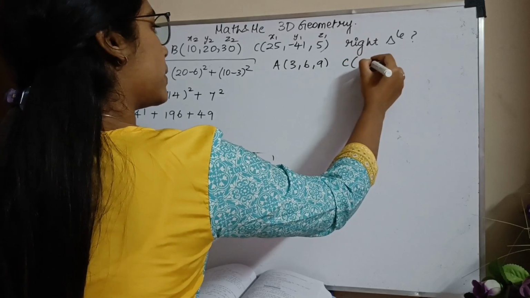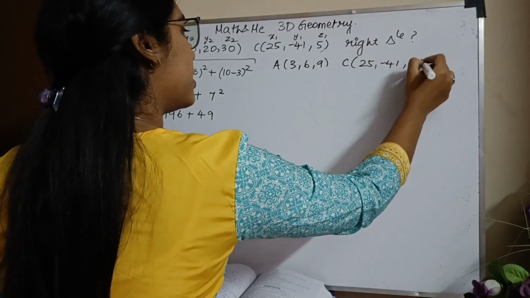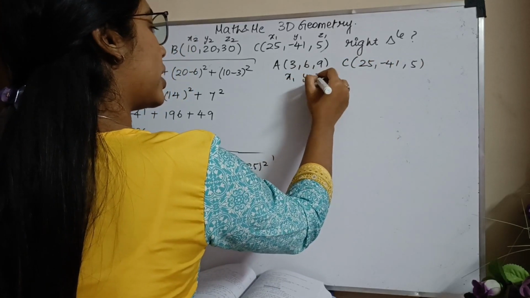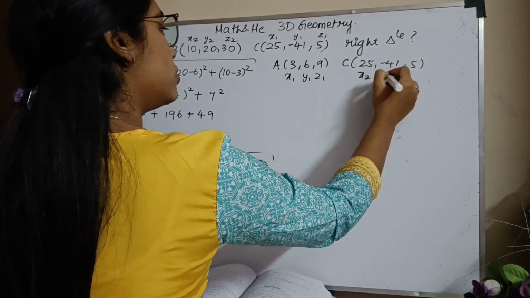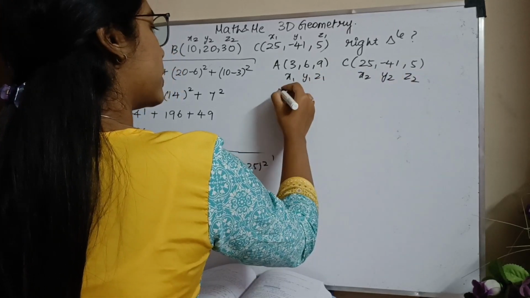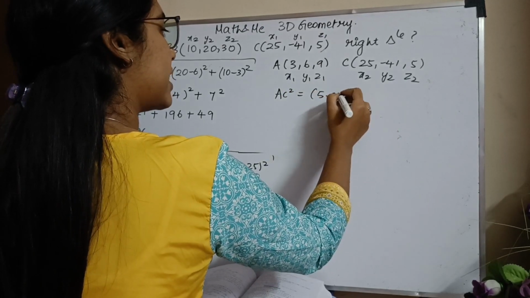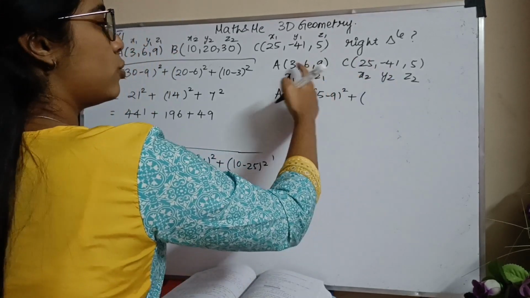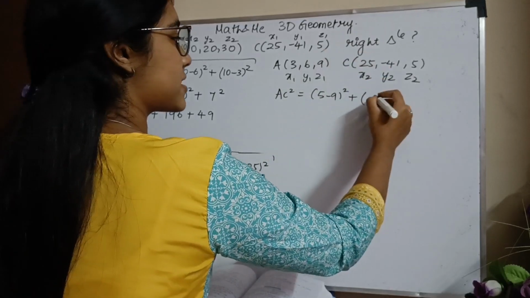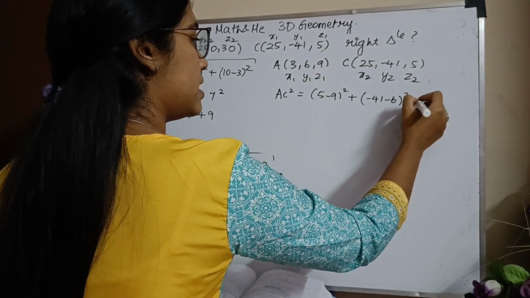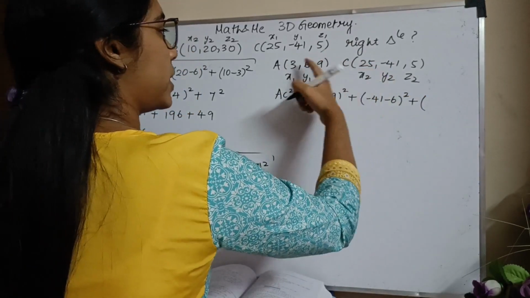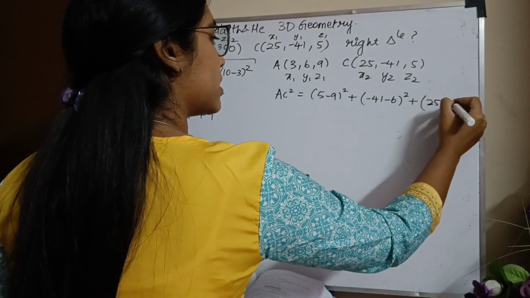C, which is 25, minus 41, comma 5. So this is my x1, y1, z1, x2, y2, z2. So AC square is z2 minus z1, which is 5 minus 9 the whole square, plus y2 minus y1, minus 41 minus 6, plus x2 minus x1, 25 minus 3 the whole square.